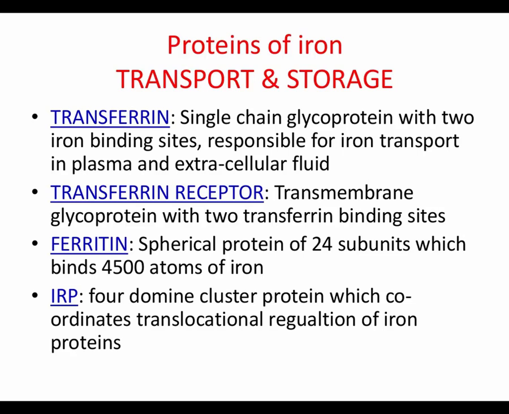This IRP has the capacity of sitting on this mRNA. For ferritin, it's going to prevent this one from being translated into protein. For example, the opposite action, you go and sit on the mRNA for the transferrin, you're going to increase the translation of this one.